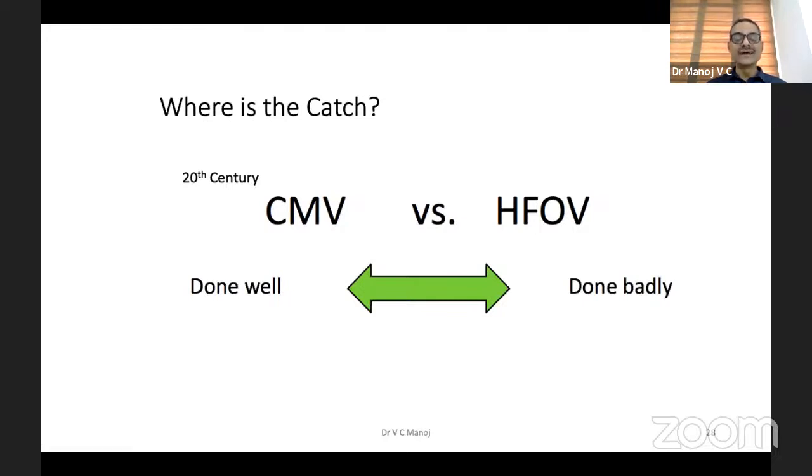So we were experts in conventional ventilation, we have targeted volumes, and we know how to be gentle on ventilation. Whereas with HFO, we just start when CMV fails, we go for HFO, and then you do it very badly. And then the evidence, what are you doing? You're comparing apples and oranges. CMV that is done well is compared with HFO that is done very badly, crudely.